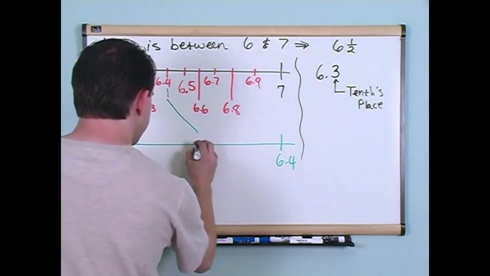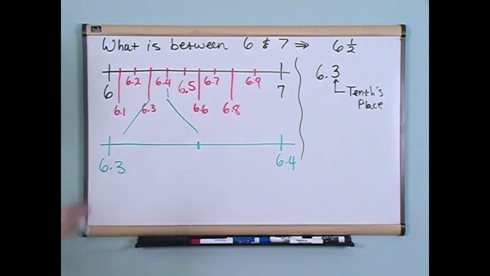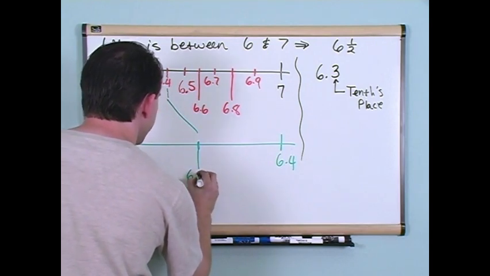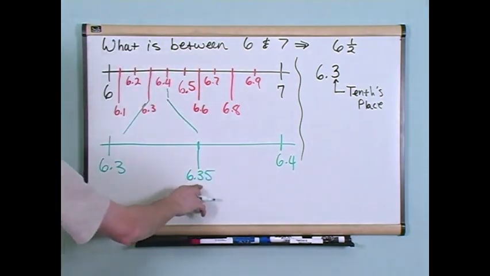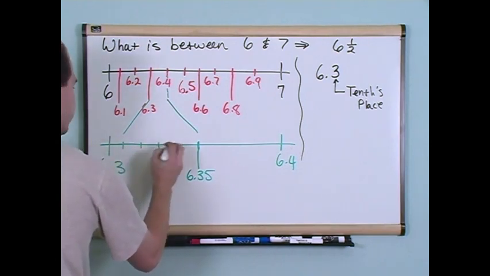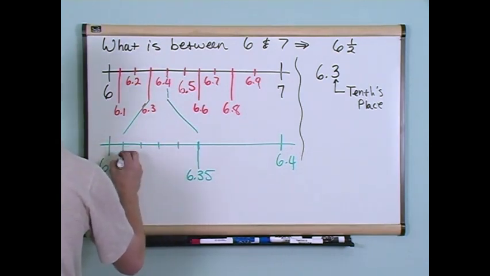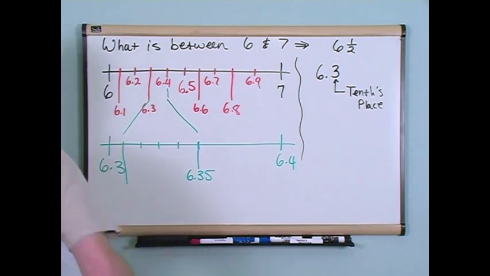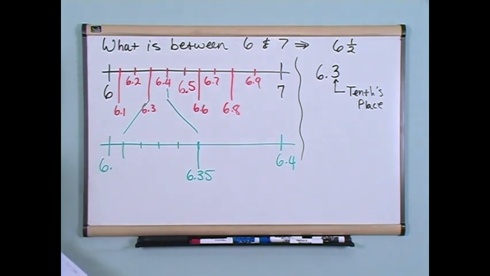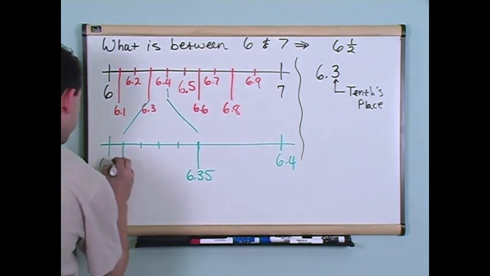So here in the middle, you're going to have something kind of in the middle of 6.3 and 6.4. What you're going to have is 6.35. So over here, 1, 2, 3, 4, let me go ahead and write this a little bit smaller, make it a little bit simpler to understand. Here's the 6.3.